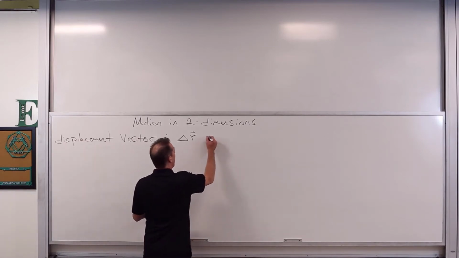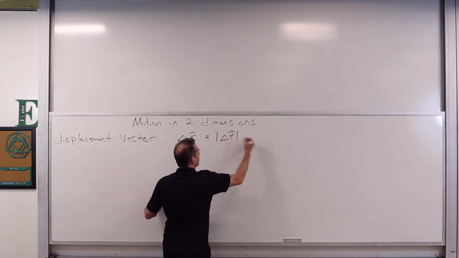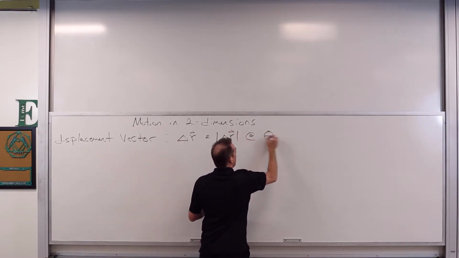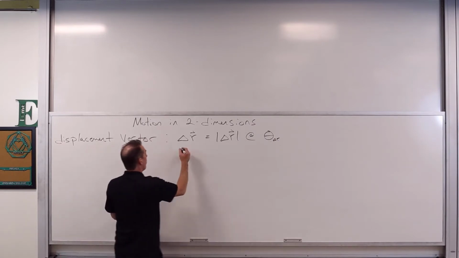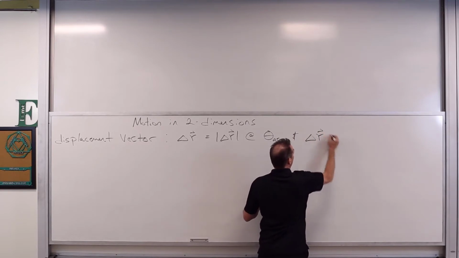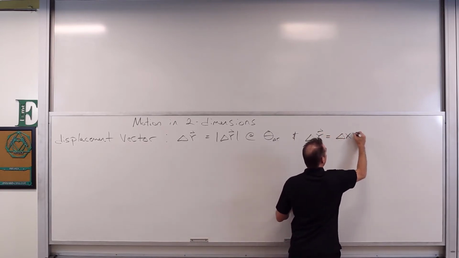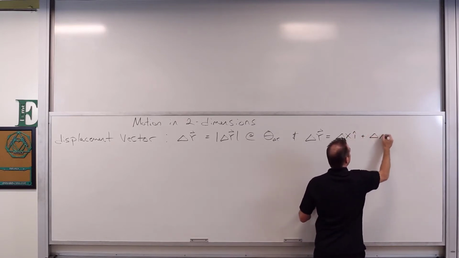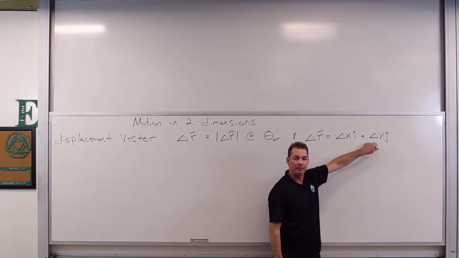We could write it as delta r hat being equal to the magnitude of delta r hat at some theta sub delta r, magnitude and direction, and delta r hat is also equal to some delta x i hat plus some delta y j hat. X component, y component.